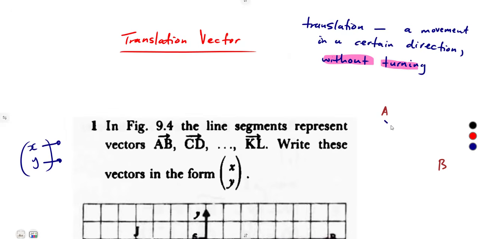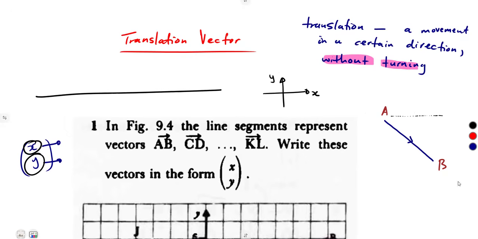So this vector AB that I'm indicating from A to B, we can move this way in the X, then Y. So we can move in the X, all right? This is X. The X-axis, remember from our Cartesian plane, is horizontal. This is our Y-axis. So we are moving horizontally this way, all right?